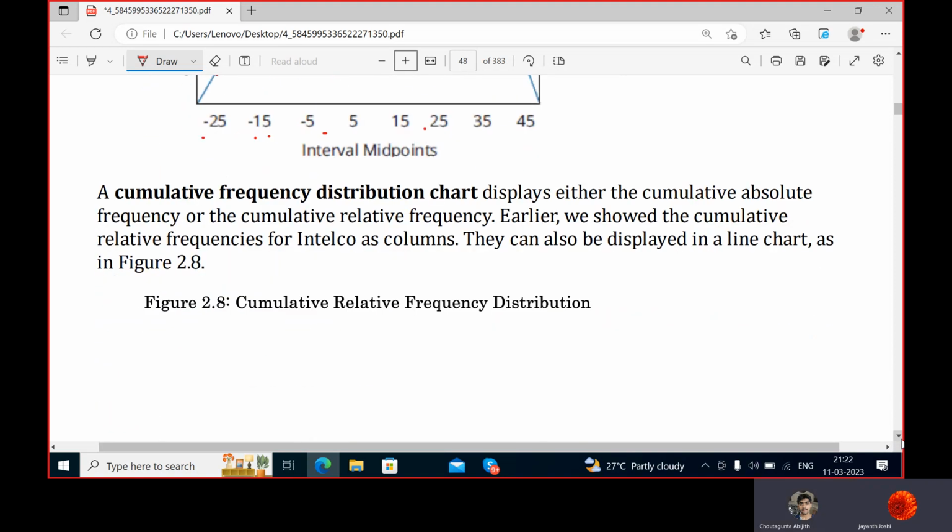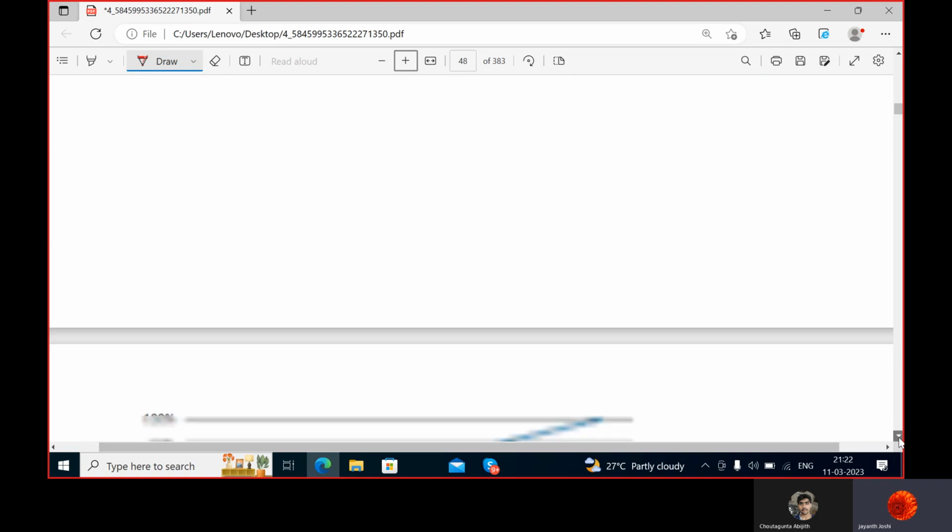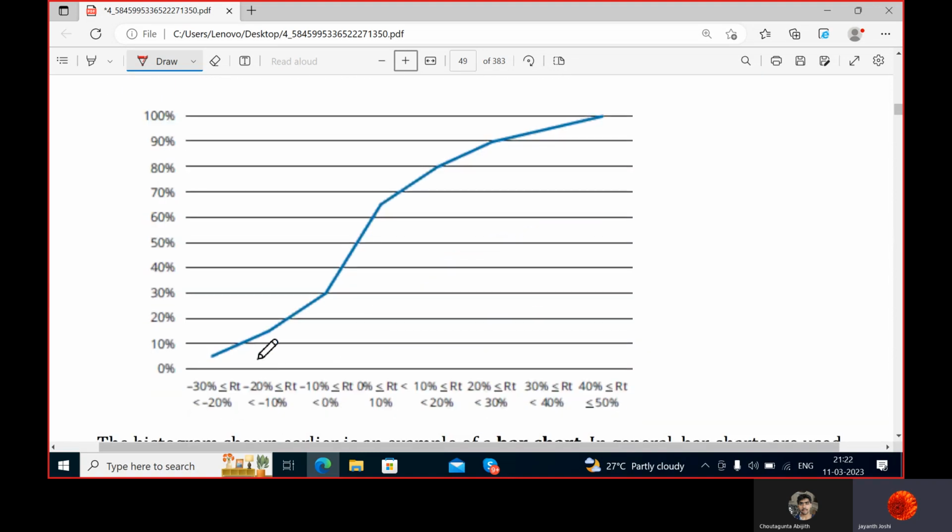Then the cumulative frequency distribution chart, I think I don't need to explain this. It's very simple. Cumulative is always in this way, and it will become flat here. It cannot go beyond this range because the final value is 100%. They have taken the percentage data and put it here, 5%.